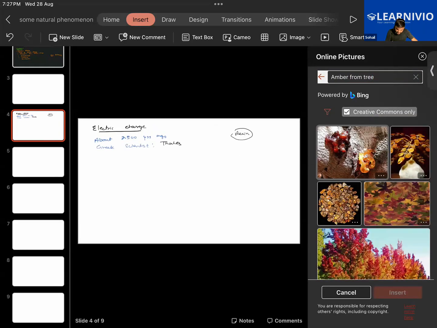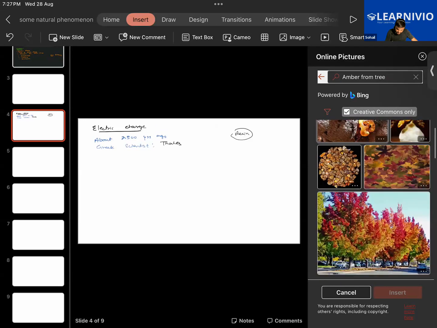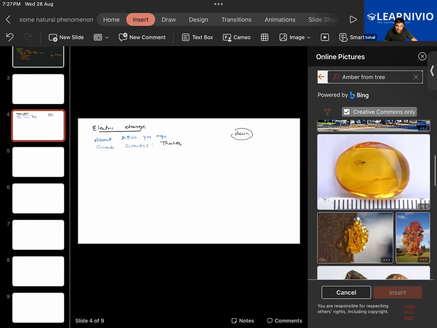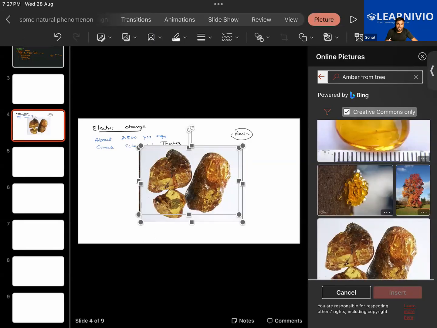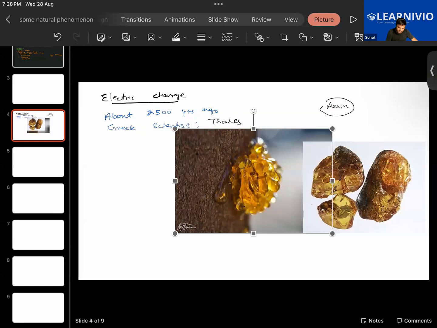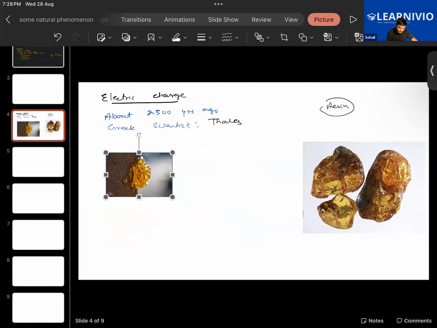Initially it comes out from the bark of the tree in the form of a liquid, but after some time, it becomes very hard. It solidifies. This is what amber is.